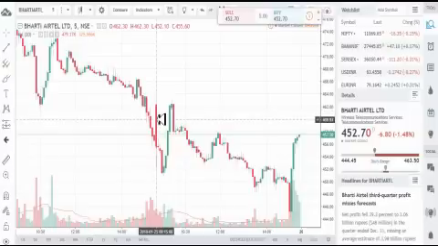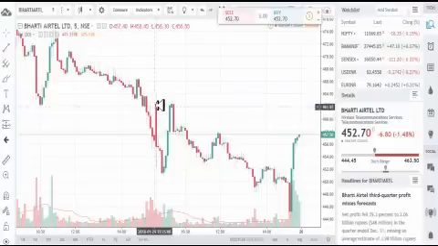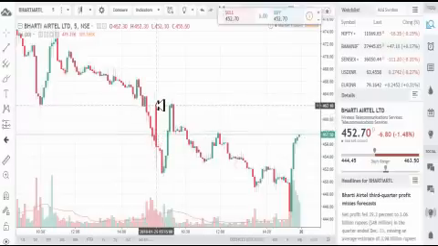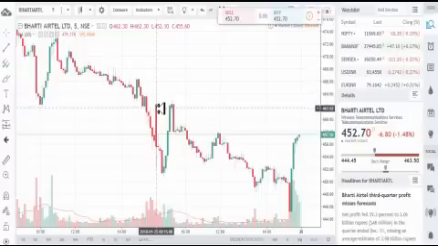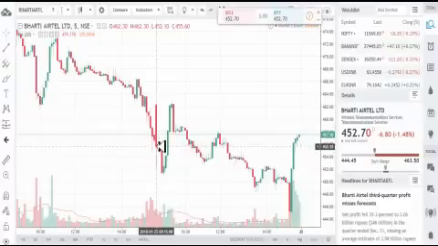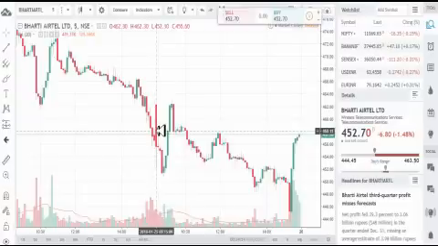Okay, so what it means is just this: it opened here, went down, and came back up here, and closed somewhere here. It opened at 462 and went up to 462, the high.